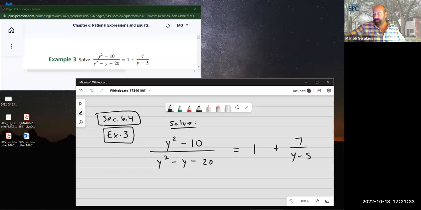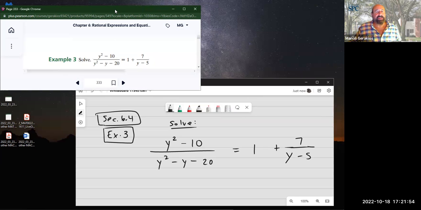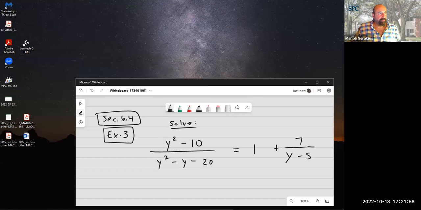Let me make sure I copied it correctly. y squared minus 10 over y squared minus y minus 20 equals 1 plus 7 over y minus 5. This y doesn't look very nice. Here's y. All right, we'll bring the textbook back, maybe check our work with it in a little bit.